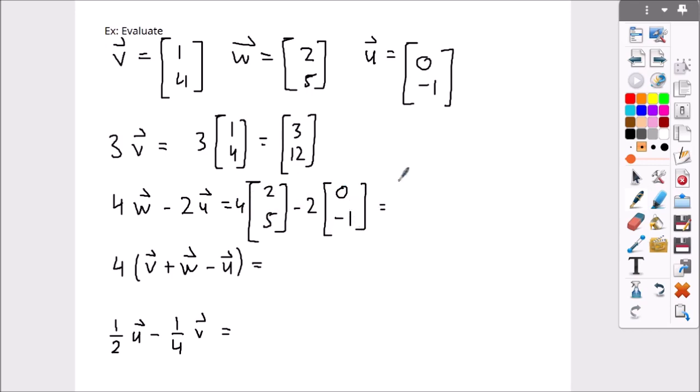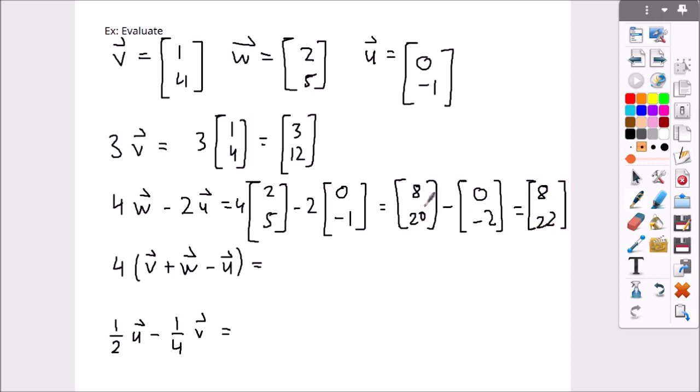So what's 4 times 2, 5? It's 8, 20. And then minus 2 times negative 1 is minus 0, negative 2. You can multiply by negative 2 and then just do a plus. That's probably better. But I'm just going to do this. So 8, 20 minus 0, negative 2 is 8, 22. 8 minus 0 and then 20 minus negative 2.